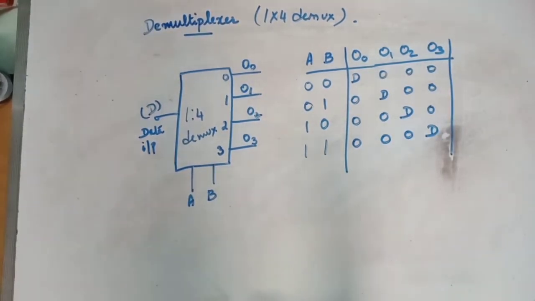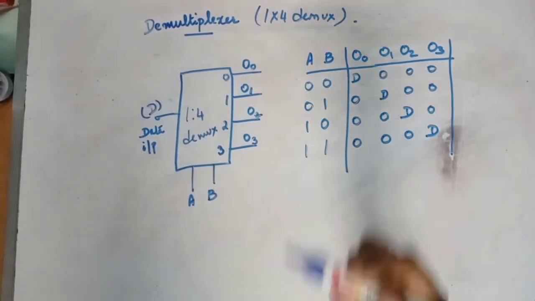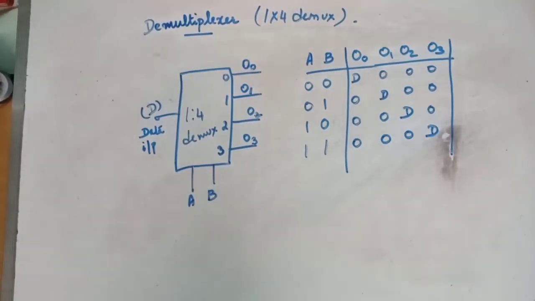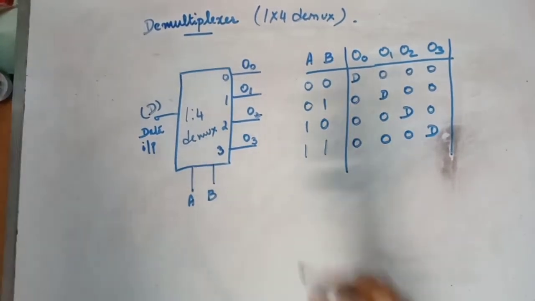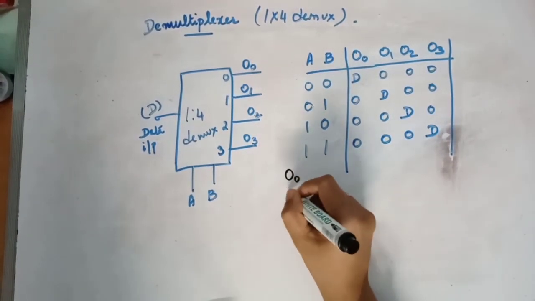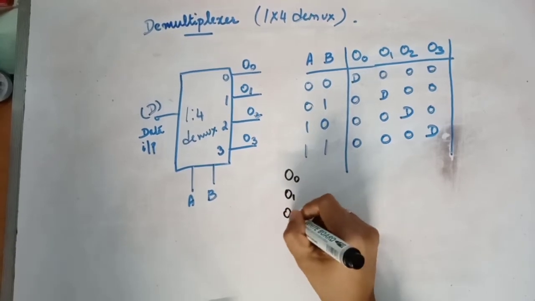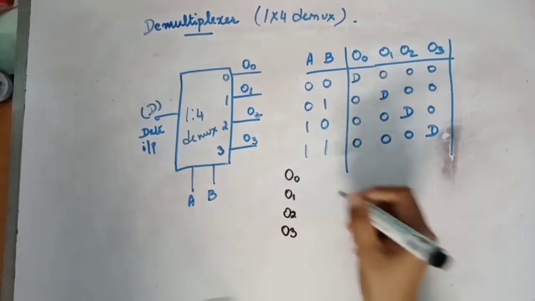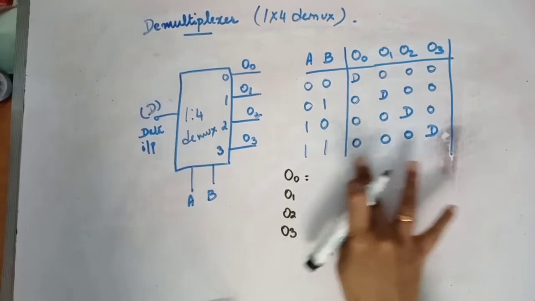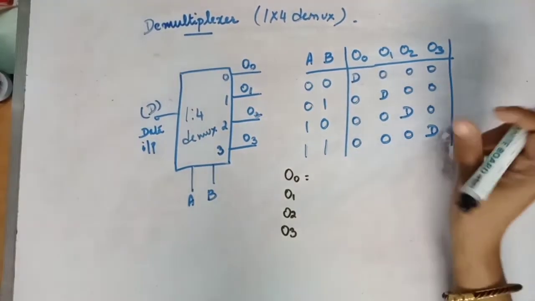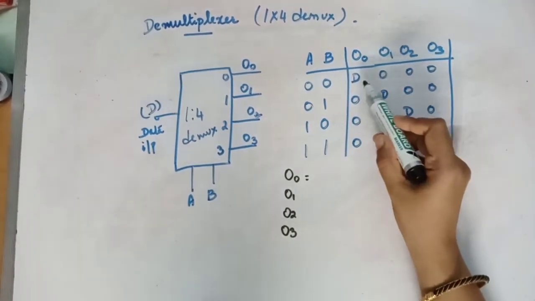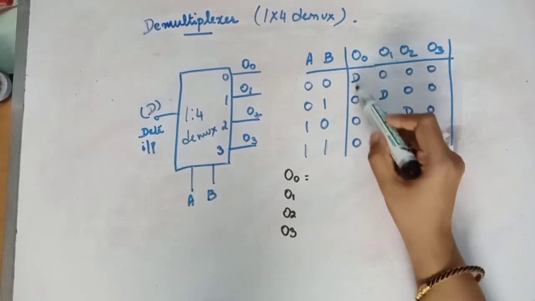Now, in all the cases, what we do is, we will be writing the equation for the output line. Here we have 4 output lines, so you need 4 equations, O0, O1, O2 and O3. So when will we get something in O0? Suppose this D is 1.